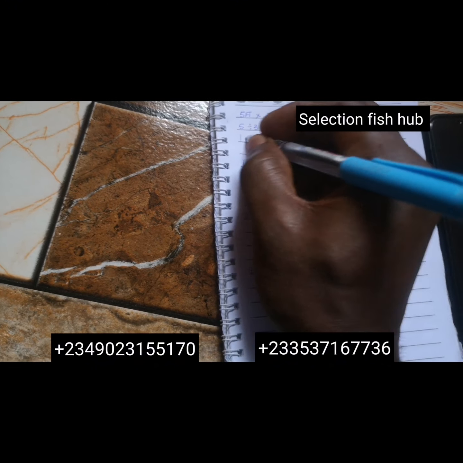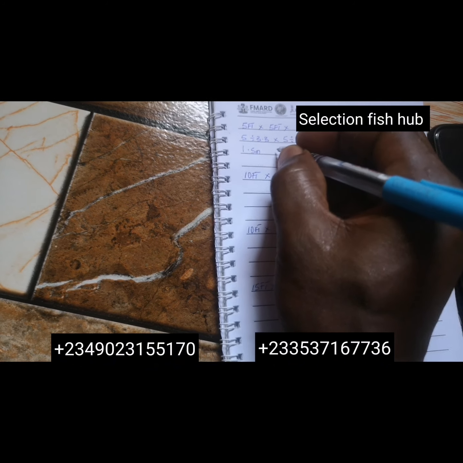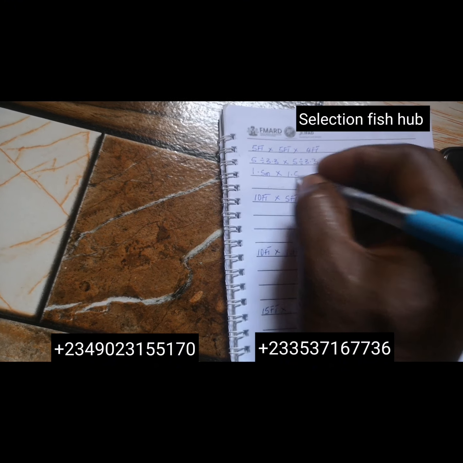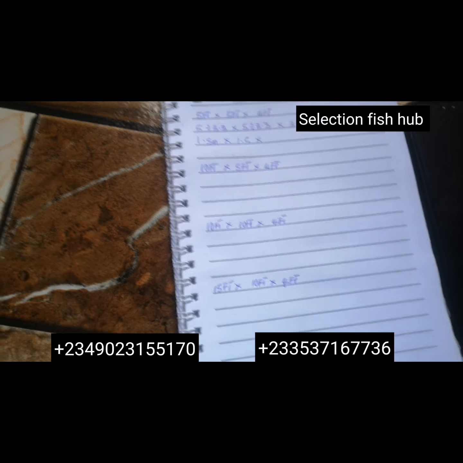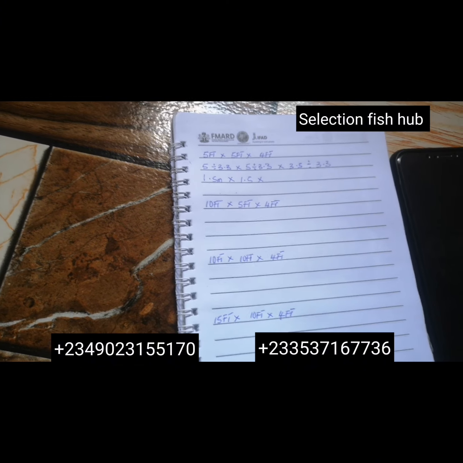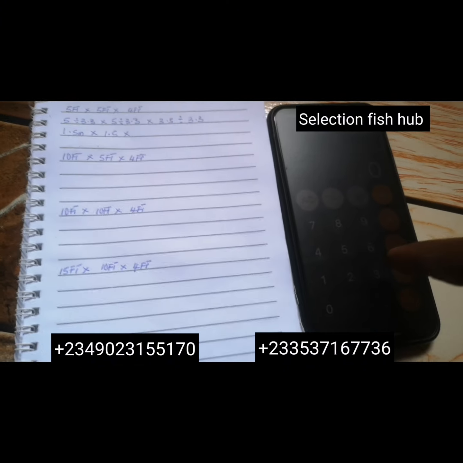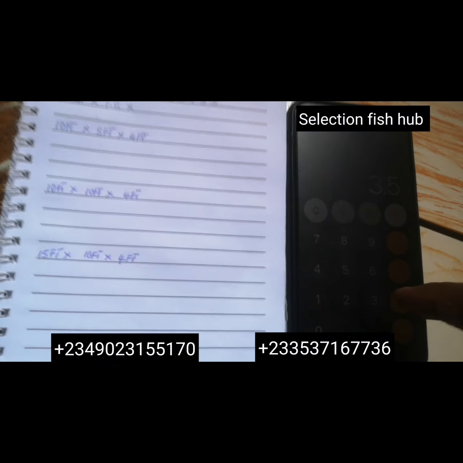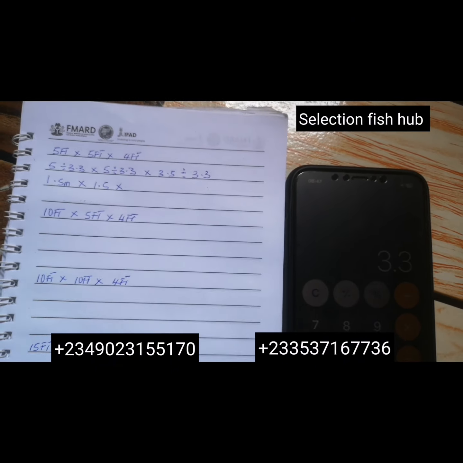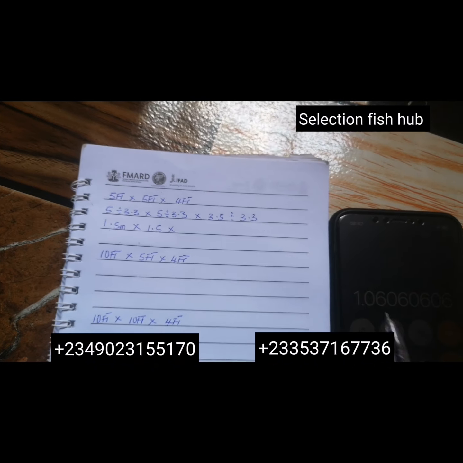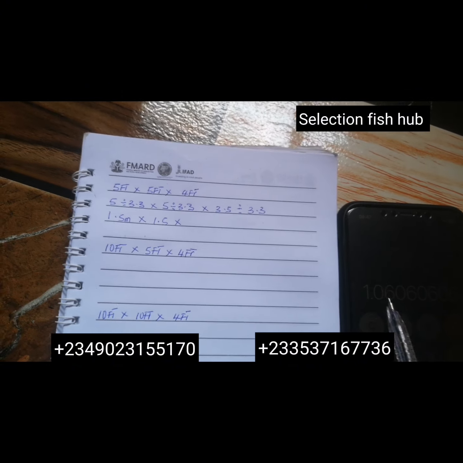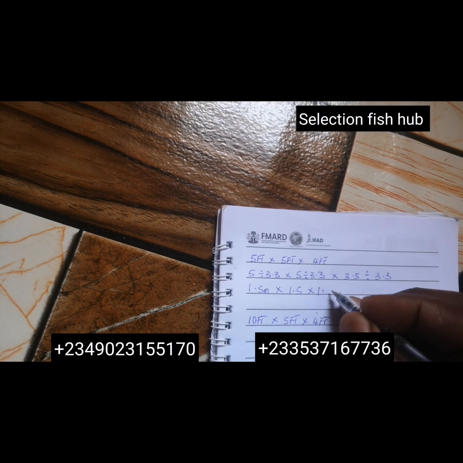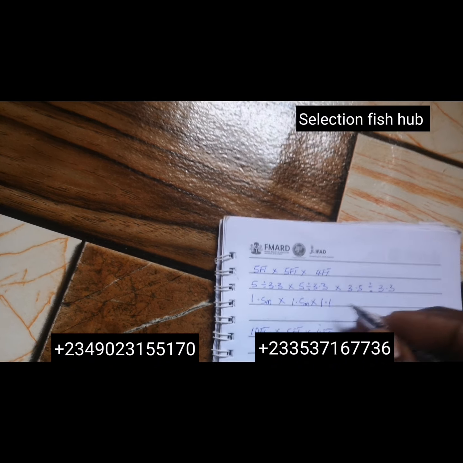So you have 1.5 meters multiplied by 1.5, multiplied by, so we want to convert 3.5 feet to meters, divided by 3.3, we are having 1.06. When we approximate this particular figure, we have 1.1 meters.